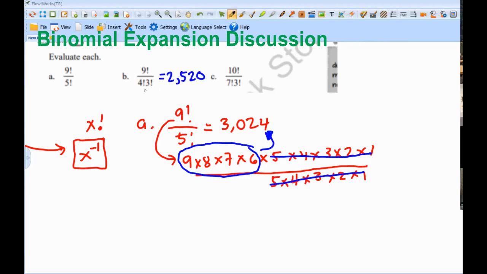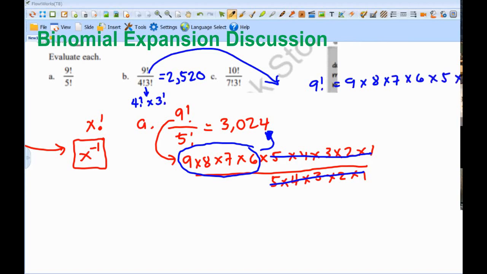You'll get math error here because you need to write the multiplication sign. So here, 9 factorial will be 9 times 8 times 7 times 6 times 5 times 4 factorial.